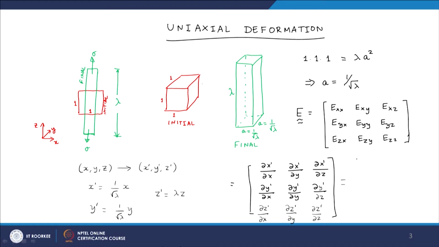So, this gives me only the diagonal components in the matrix, and you can see that all the off diagonal components are going to be 0.